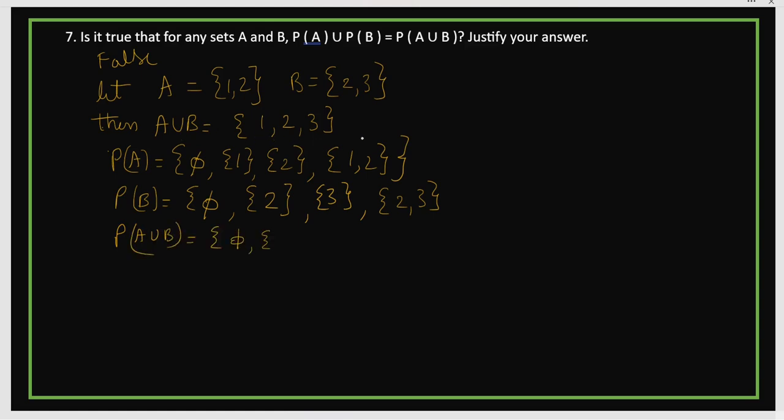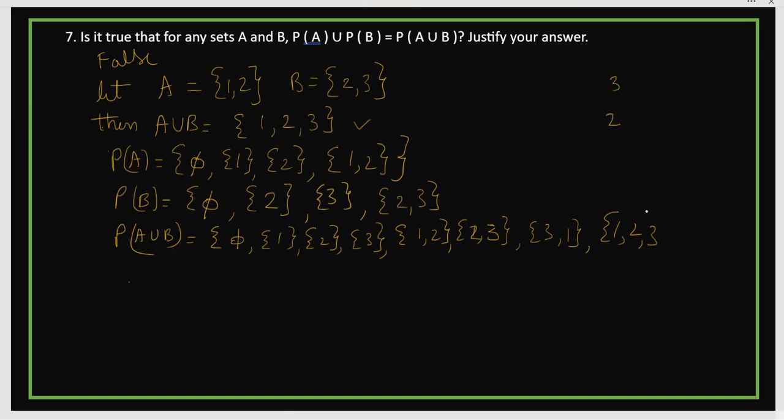A union B is this one, right? 1, 2, 3, and take the combinations: {1, 2}, {2, 3}, {3, 1}, and finally {1, 2, 3}. Right? This is the power set. You can count them: 1, 2, 3, 4, 5, 6, 7, 8. 8 elements are there.